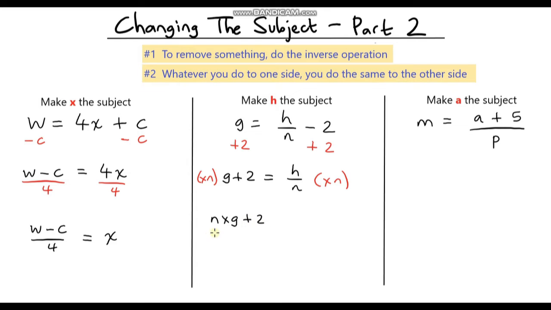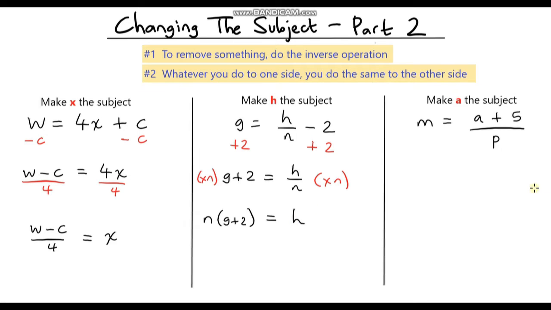That would be wrong, because we're multiplying this whole expression by n. So we can write n and then put in brackets g plus 2. Having this n outside the brackets means multiplication. And on the right-hand side, I'm just left with h, and I'm done. I've made h the subject.